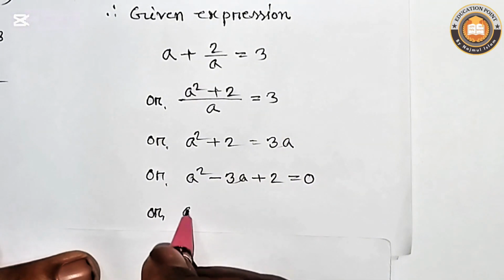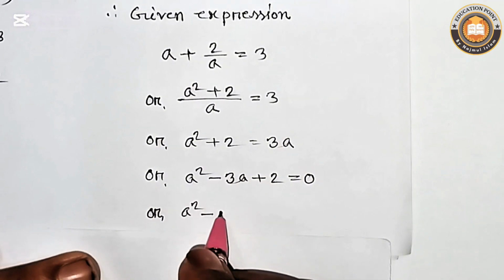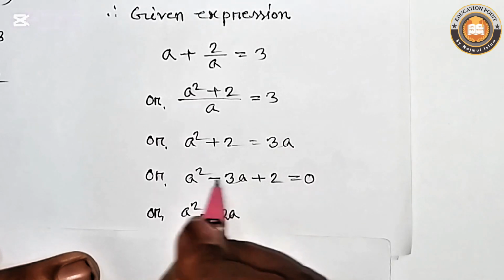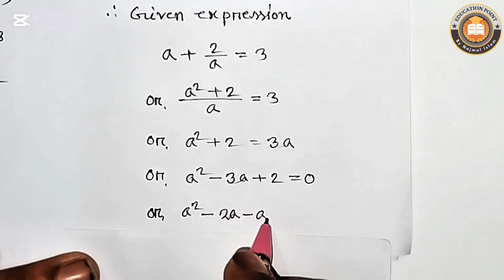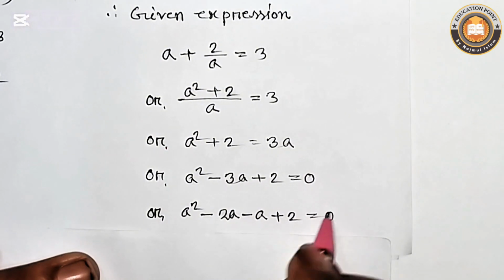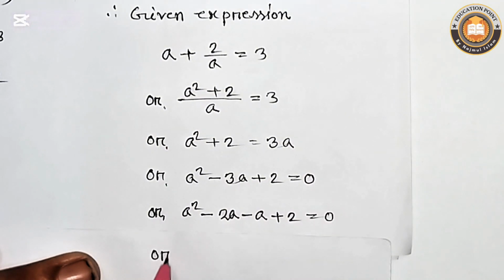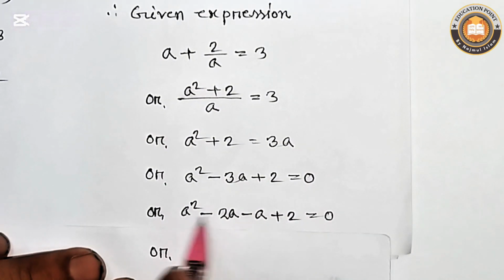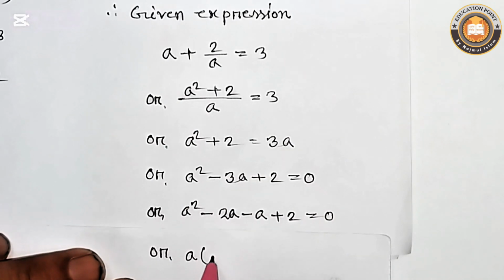So we can write a square minus 2a plus minus multiply minus a plus 2 equal 0, or first two terms we can take a as a common value. After taking common value we can write a minus 2. Then next two terms we can take minus 1 as a common value.